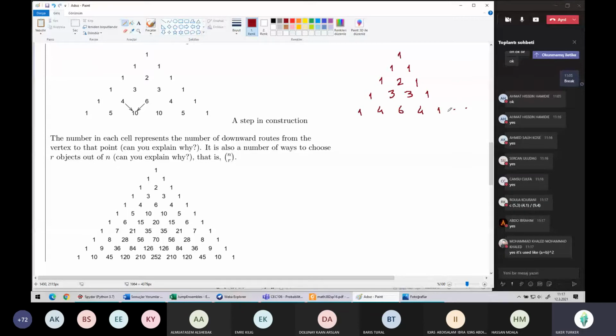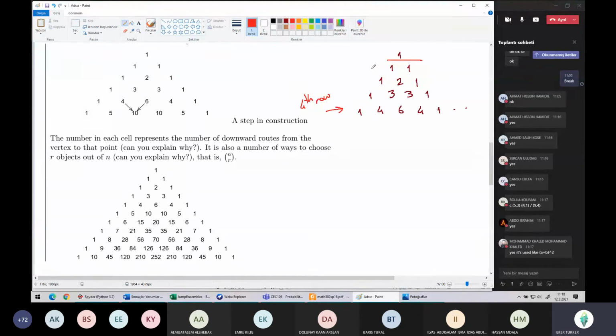This is, for example, the 4th row. In fact, the 5th row, but we don't take into account the top of the pyramid.